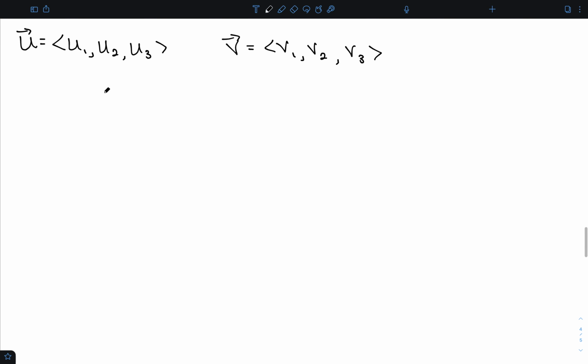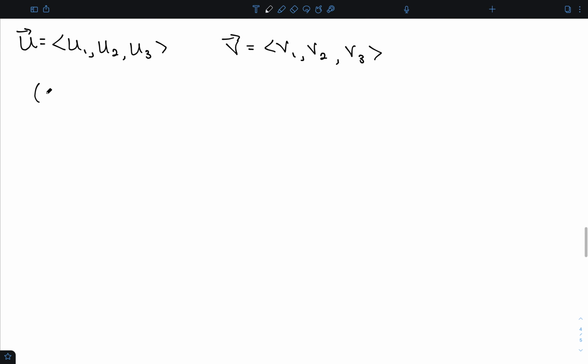The second way I want to look at the cross product, I'm going to refer to my first vector u as u1, u2, u3. My second vector v is v1, v2, v3. The second way involves a formula.